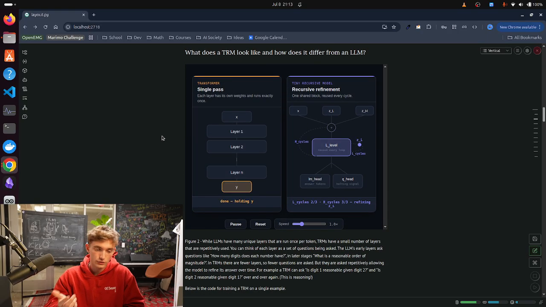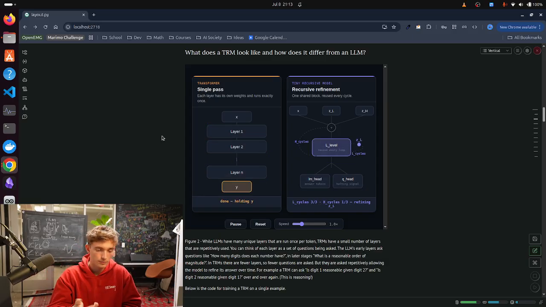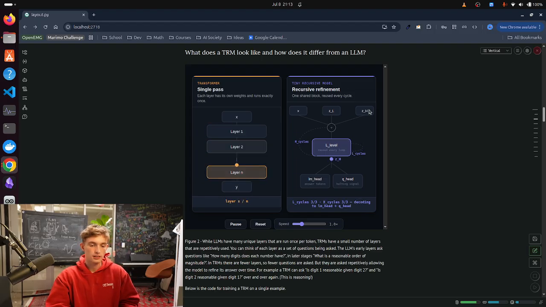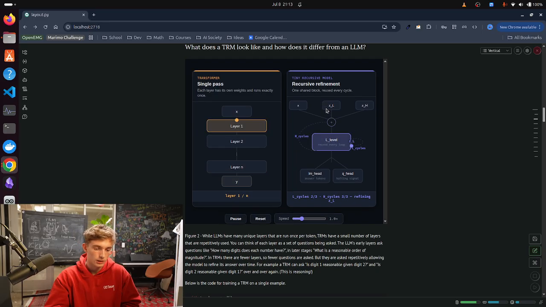So what does this look like? Transformer: input, multiple unique transformer blocks, you get an output. With a tiny recursive model, you have your input, you have a latent reasoning vector and a latent answer vector, and these are actually fixed in initialization of the paper. So it's random, but for every single example it's the same. We'll talk about that more later.